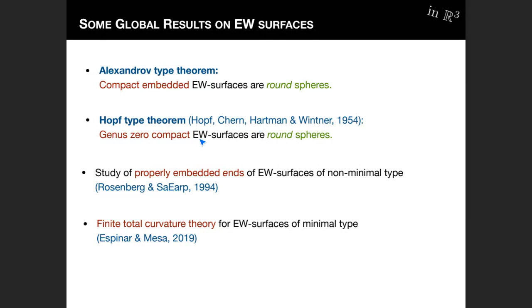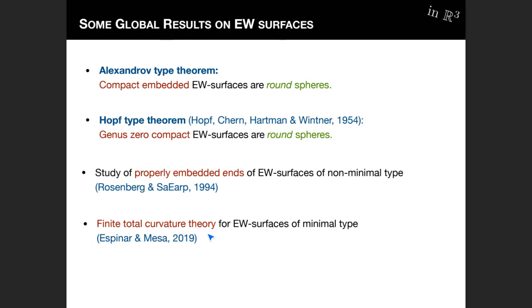And also we have some theories similar to what happens in the constant mean curvature case when studying the properly embedded ends of surfaces in the non-minimal type, and the finite total curvature theory for surfaces of minimal type.